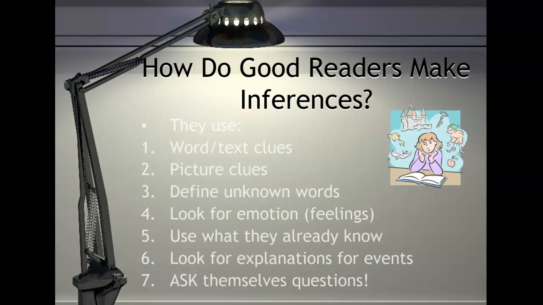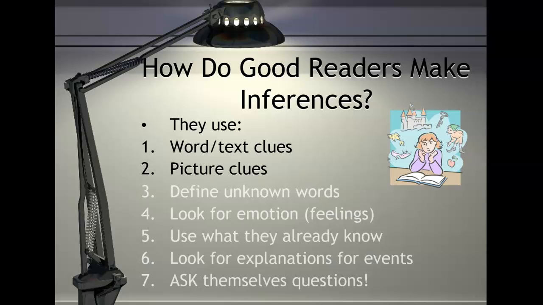So how do good readers make inferences? Well, they use word text clues. So what do they see and what do they read? Picture clues. They might have to look up words that they don't know what they mean.